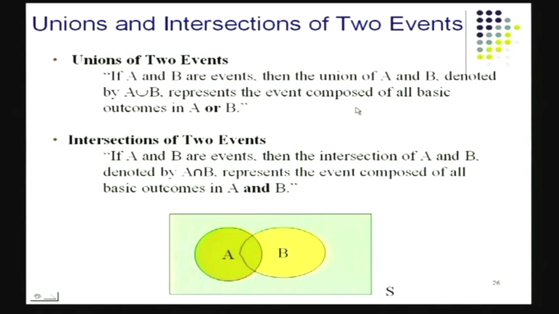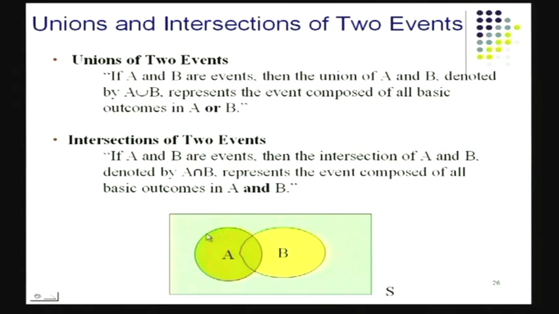Unions are those conditions when the outcome can be either in this set A or in the other set B. Then I say, if the event has occurred in the union of A and B, it has either occurred here or occurred here.